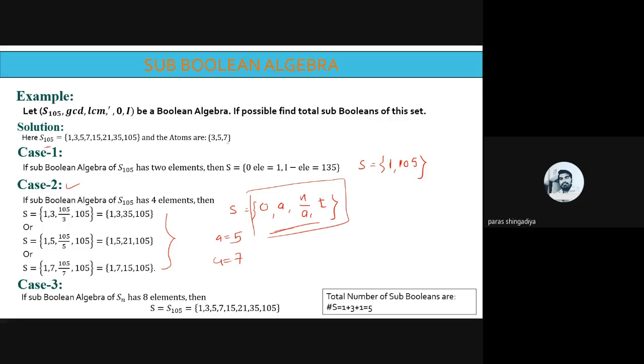Now the third case, the sub-Boolean algebras of Sn with 8 elements.